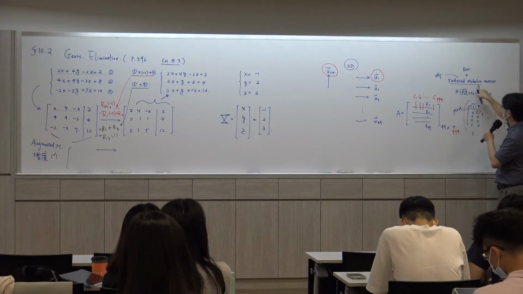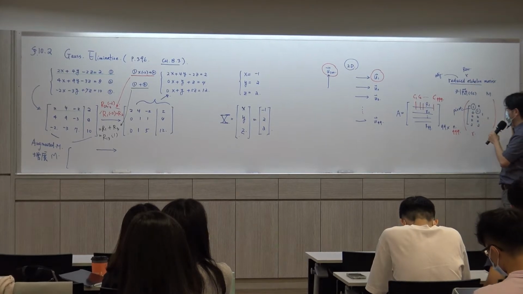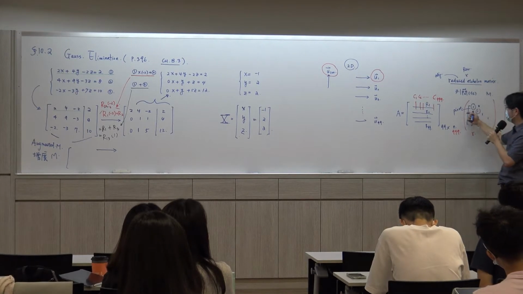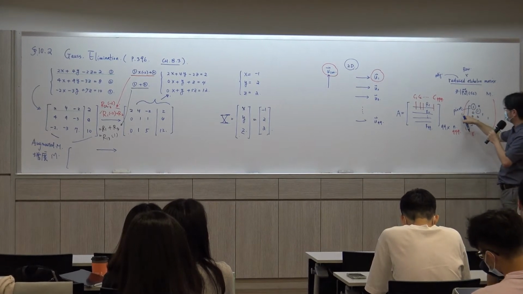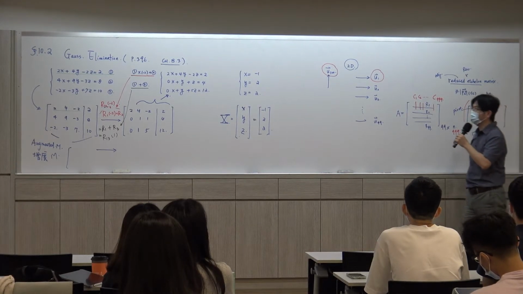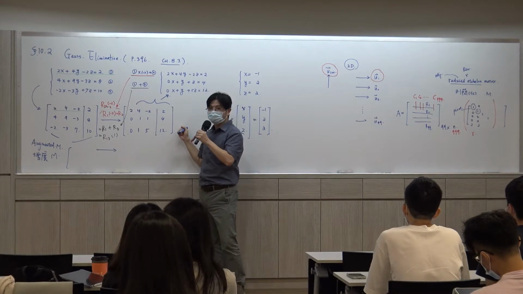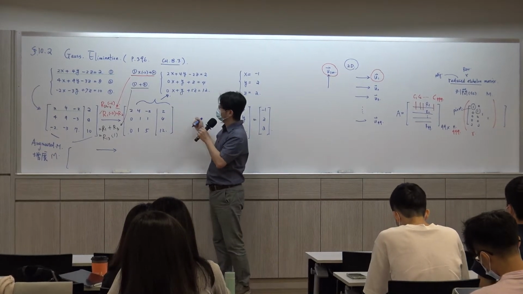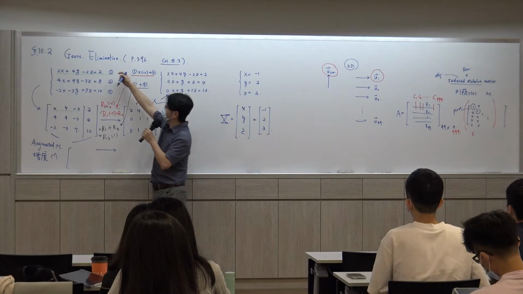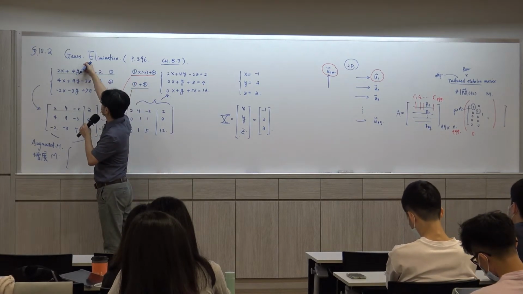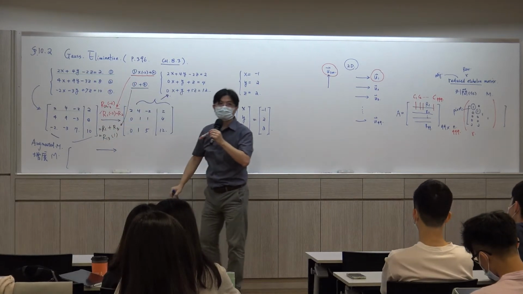We need to form the reduced echelon matrix. It's very simple, so we can easily identify the number of pivots. And how can we get this? Because we need to use matrix operation. So it's a representative Gauss elimination.